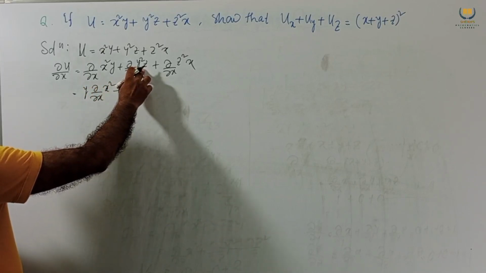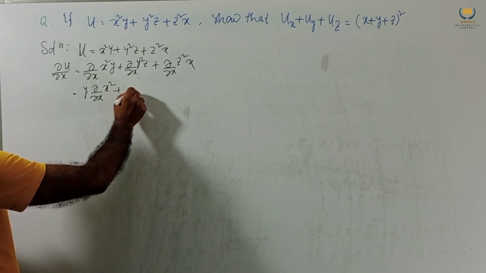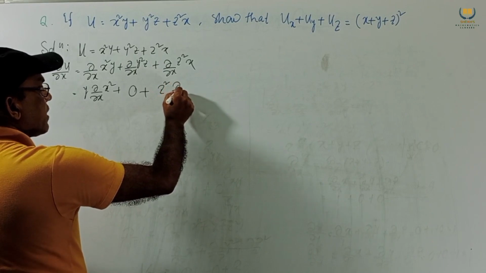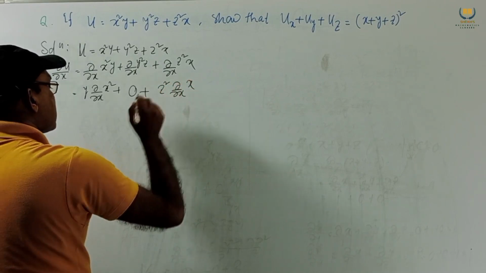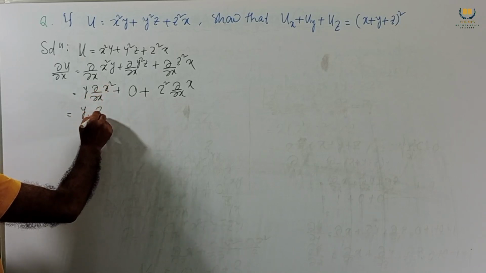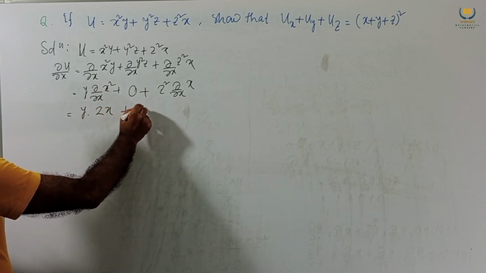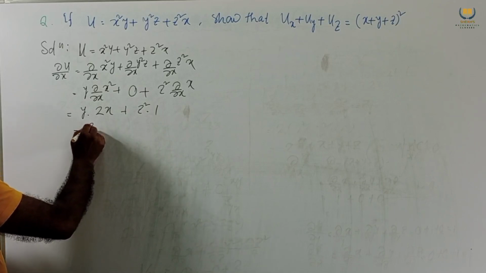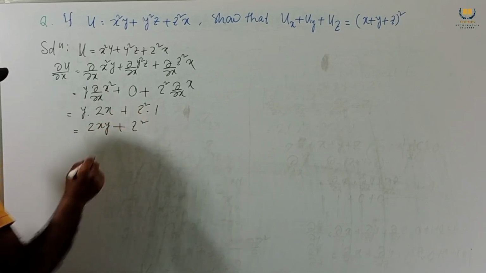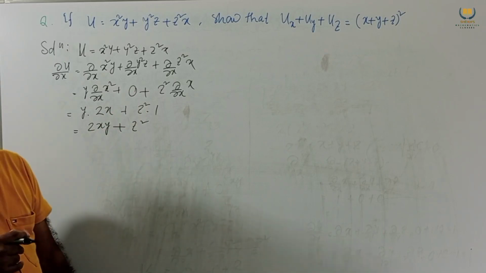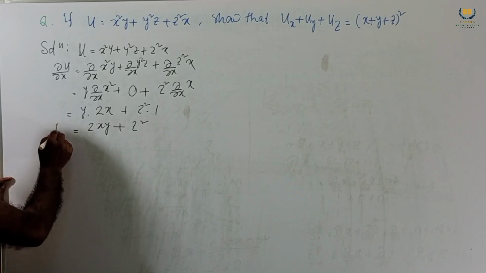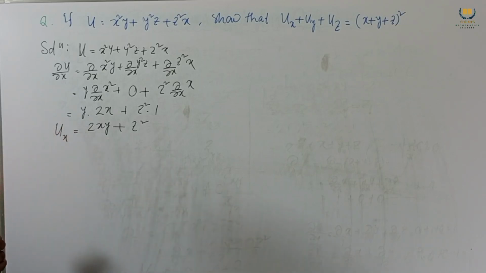This is constant, we differentiate partially with respect to x, then this is 0. And here z square constant, del x of x is 1. So we get 2xy plus z square. When we differentiate with respect to x partially, that means ux.